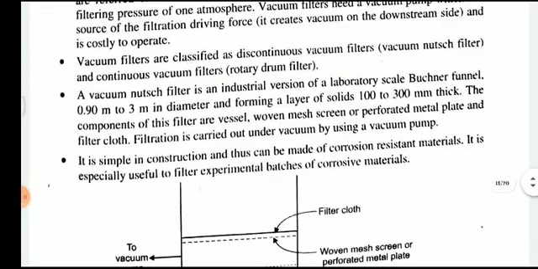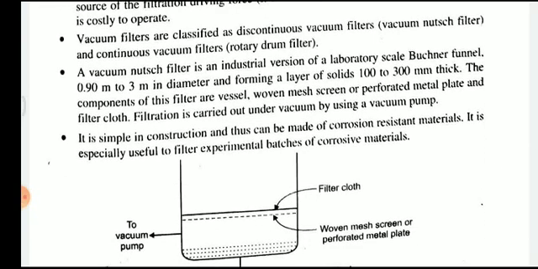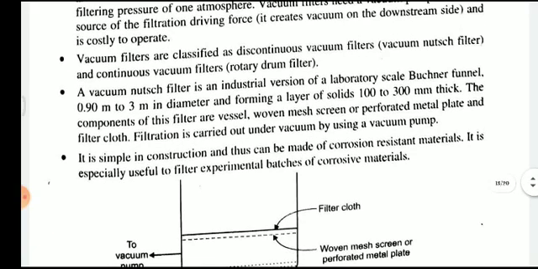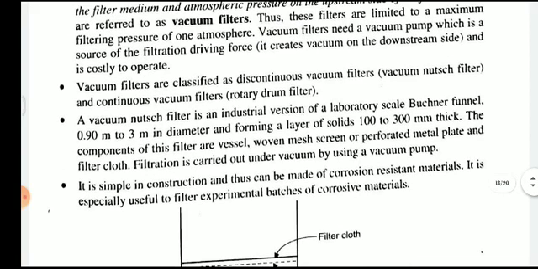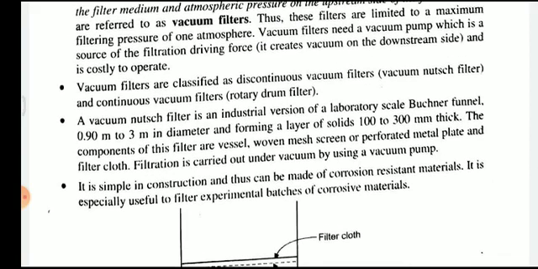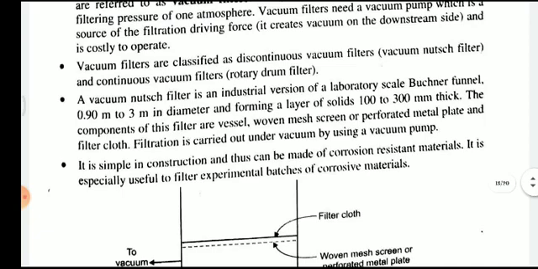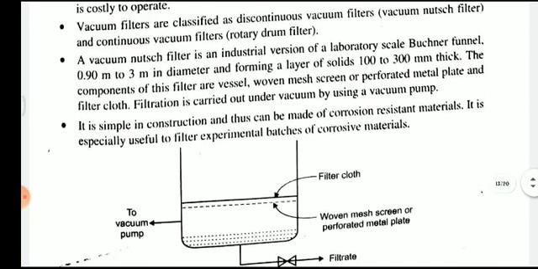Vacuum filters are classified as discontinuous vacuum filters and continuous vacuum filters, that is, batch operation as well as continuous operation. The discontinuous one is the vacuum nutsche filter, and the continuous one is the rotary drum filter.